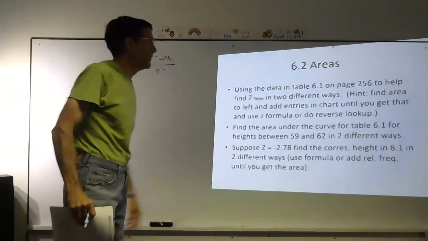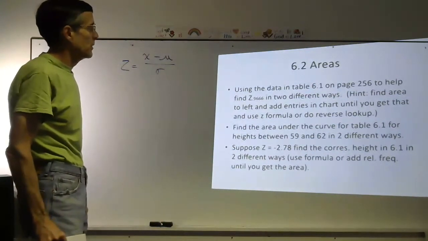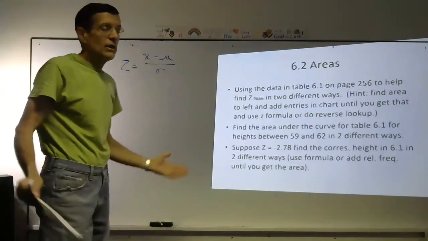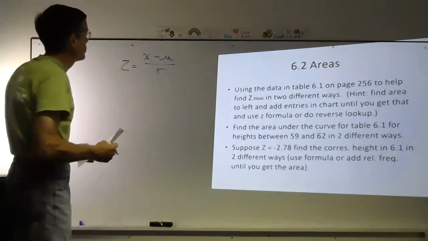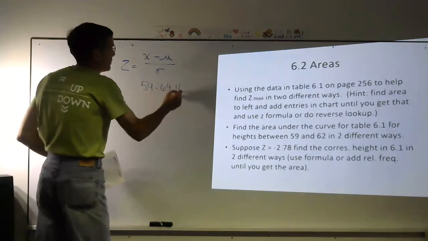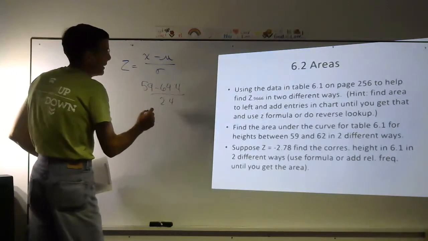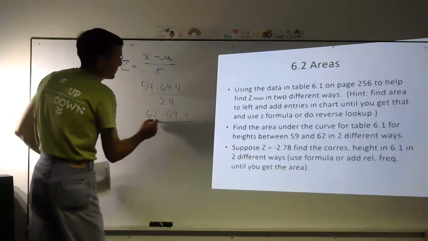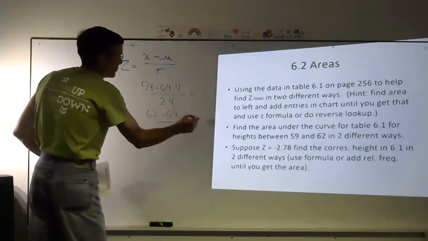Second one. Find the area under the curve for table 6.1 for heights between 59 and 62 in two different ways. You could do 59 minus 64.4 all over 2.4 and 62 minus 64.4 all over 2.4. Get your z-values.